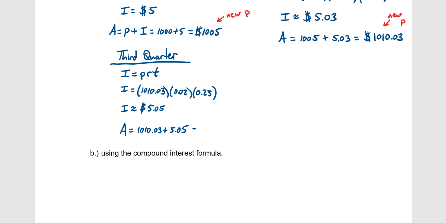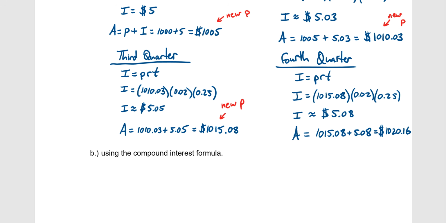And we add these up, and we get $1,015.08. And just like we've been doing, this is the new P, the new principal for the last quarter. So the fourth quarter, and let's go ahead and do the same thing using that principal that we just found.